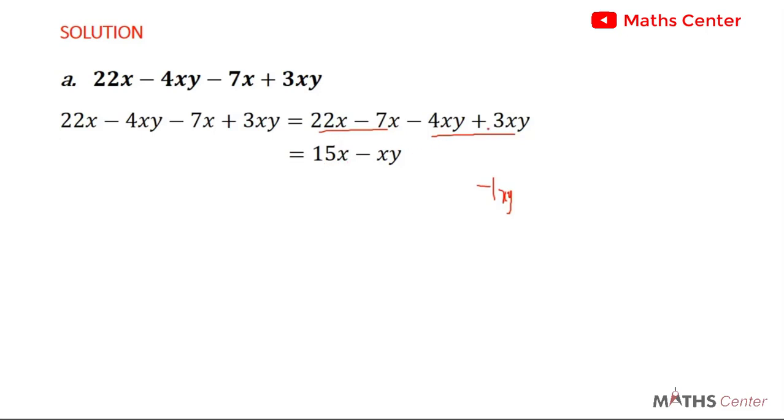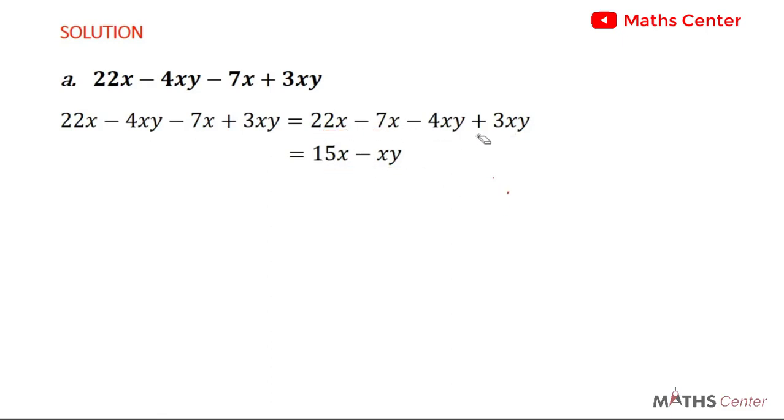Now in this case it is addition, so minus 4 plus 3, we know that minus 4 plus 3 will give us minus 1. Then we have sy here, so we pick one of them, so we have minus 1sy, and minus 1sy is written as minus sy, so our correct answer is 15s minus sy. I'm going to clean here so that we can continue.